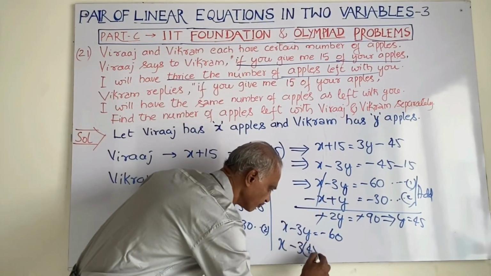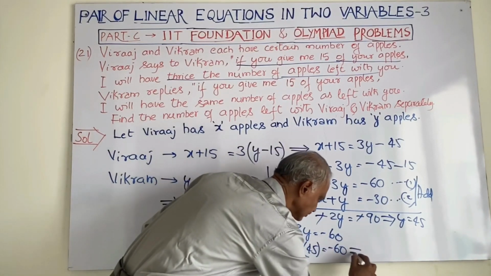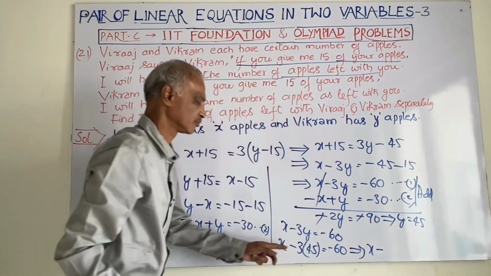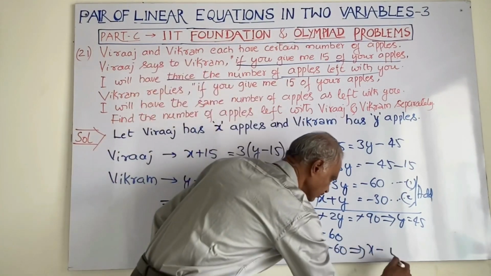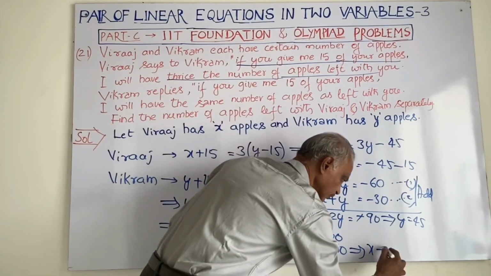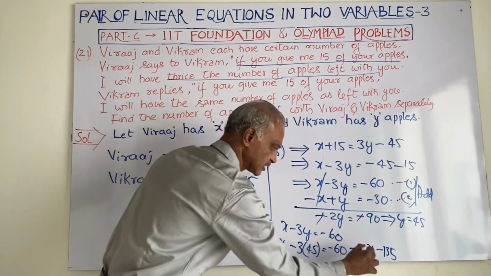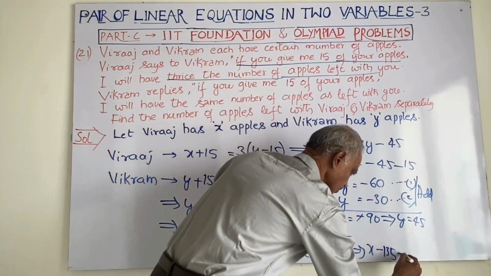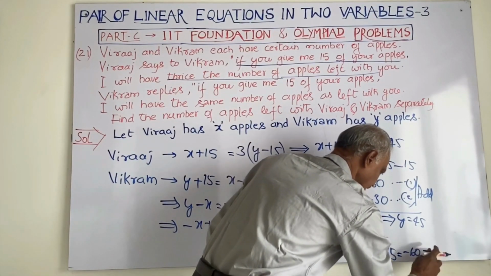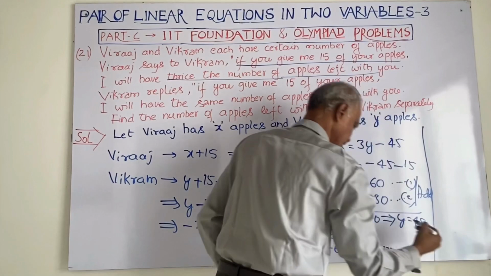X minus 3 into 45 is equal to minus 60. 3 5s are 15, 3 4s are 12, 12 plus 1 is 135.